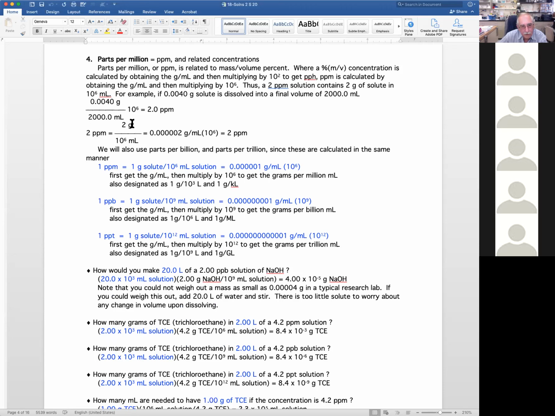So again, I'm taking grams per milliliter, just like how I did above, but instead of multiplying by 100 to get parts per 100, I'm multiplying by 1,000,000 to get parts per million. So 2 ppm means that there's 2 grams of solute in every 1,000,000 milliliters. And that's the conversion factor that you would use.